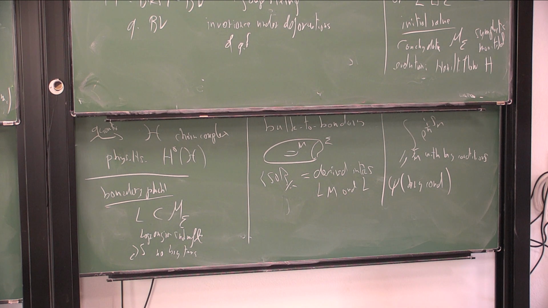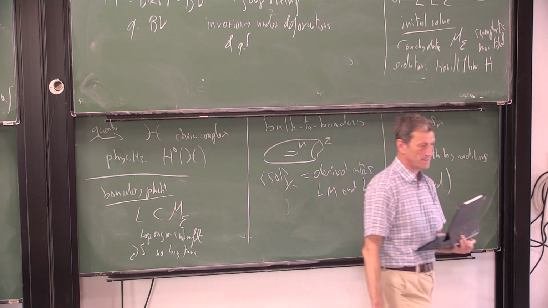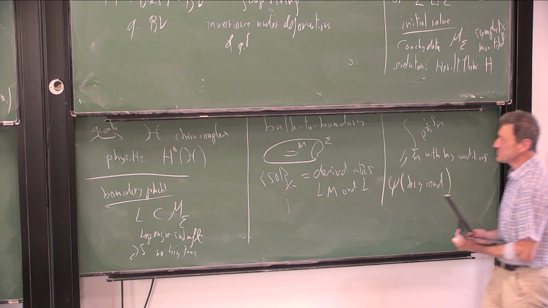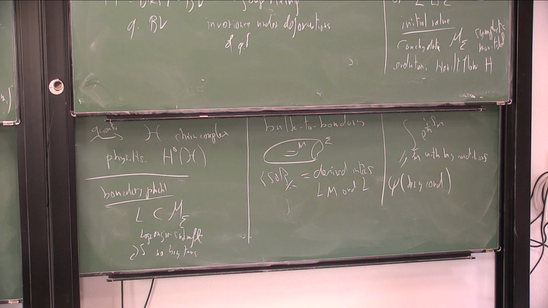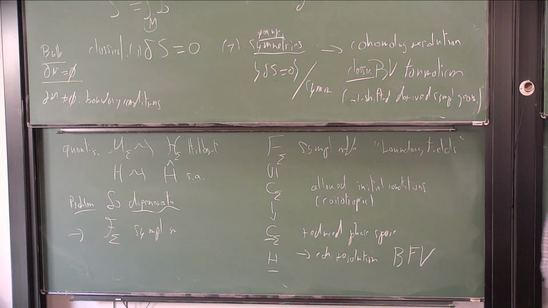I wanted to ask about the space H after quantization. Before taking the cohomology, is it a Hilbert space? No, not really. Actually, also not after that. The thing you can construct naturally is some pre-Hilbert space with an inner product, and you should complete it to make a Hilbert space.